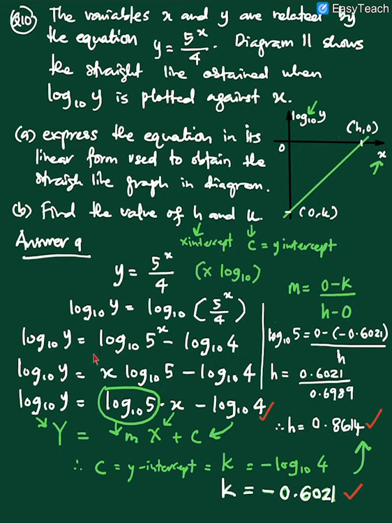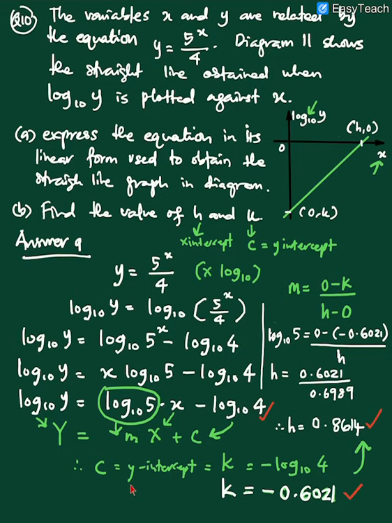To get the log base 10, I take log base 10 of both sides. Then I rearrange following the laws of log, and when I expand, I get subtraction. Then I rearrange it to the linear form y equals mx plus c.